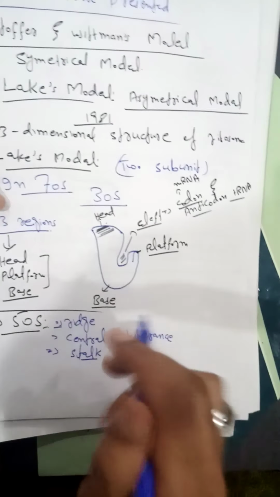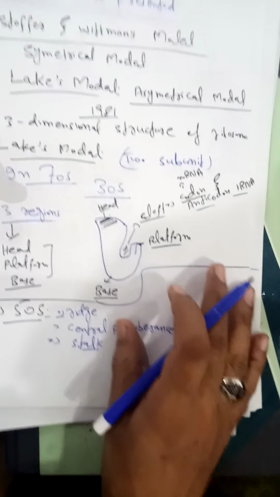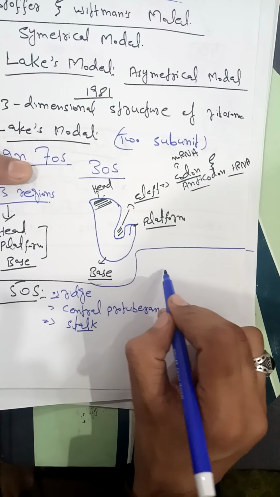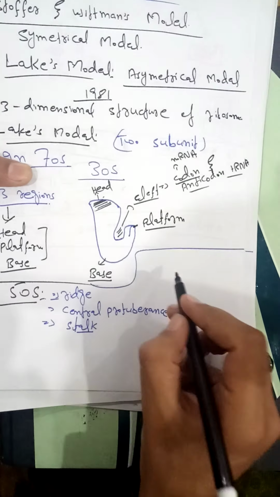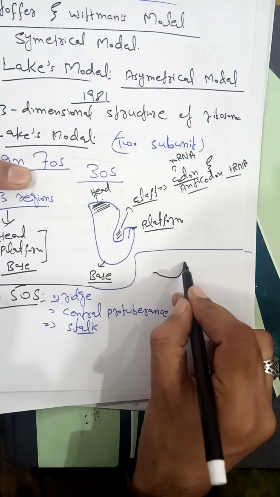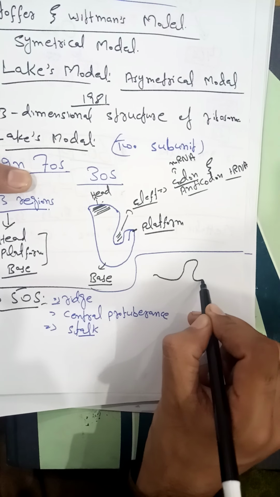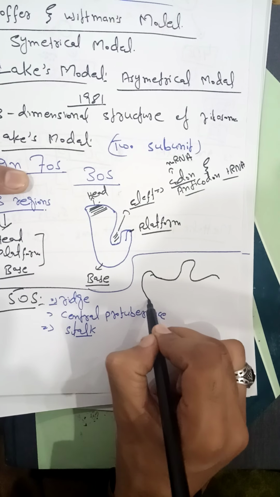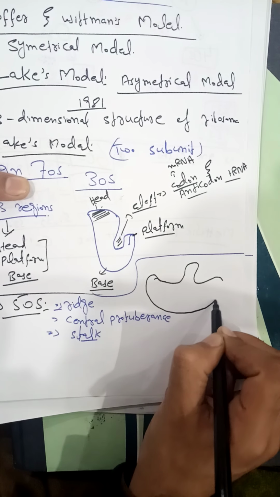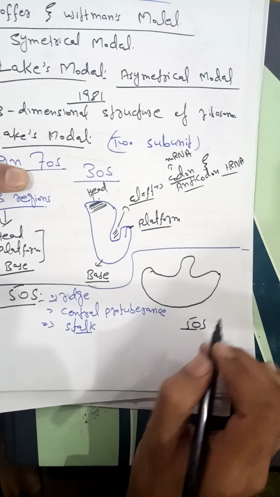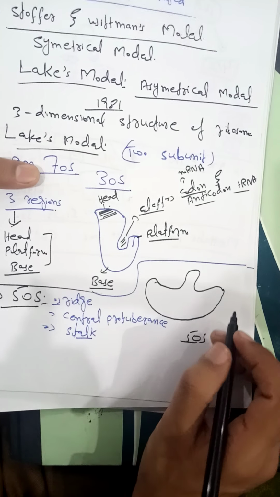If you draw the structure of the 50S ribosome, it is like this. So this is the 50S ribosome. It contains the ridge.